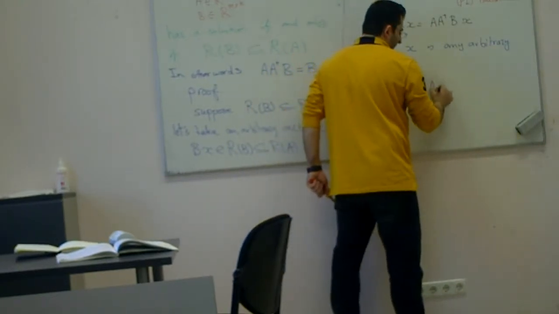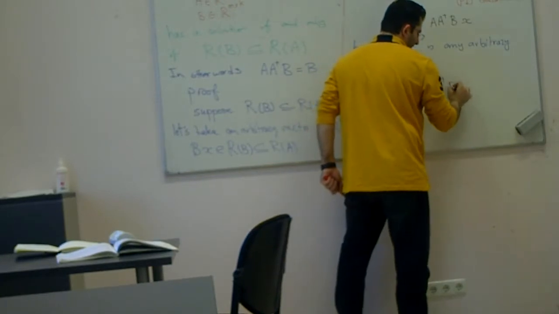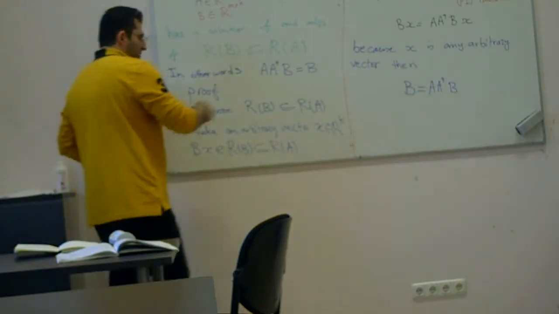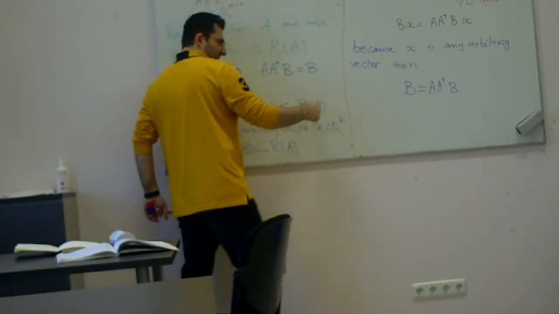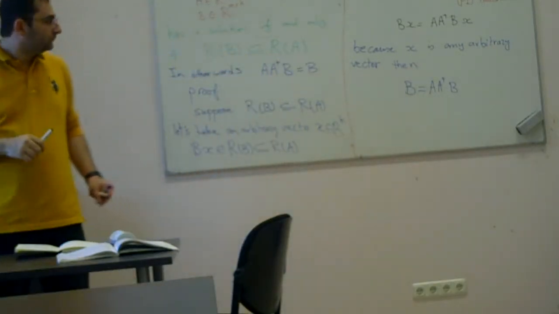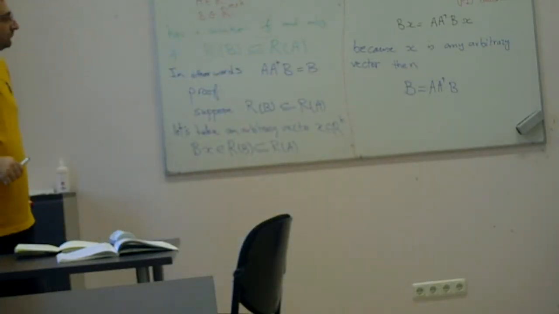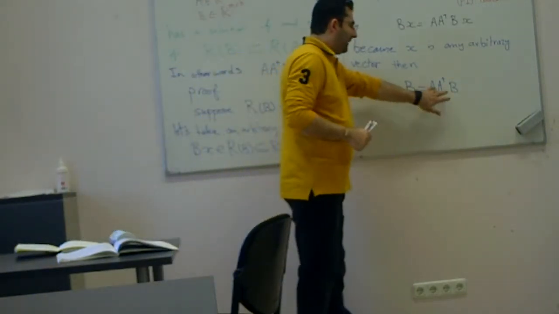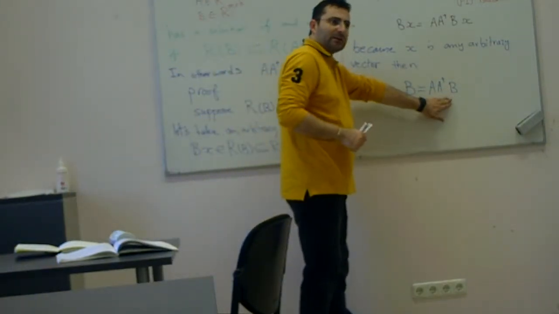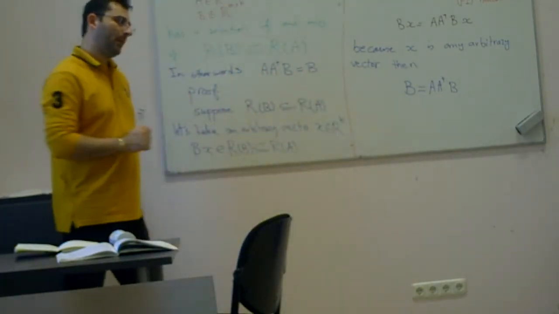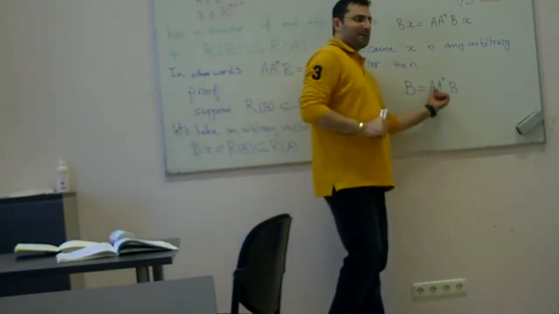B is equal to A plus B. So if range of B is a subset of range of A, we got this conclusion. A plus is like identity because identity multiplied by B is B.